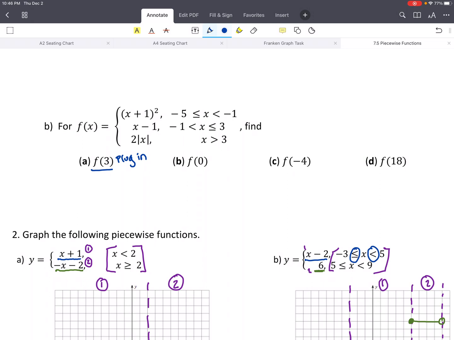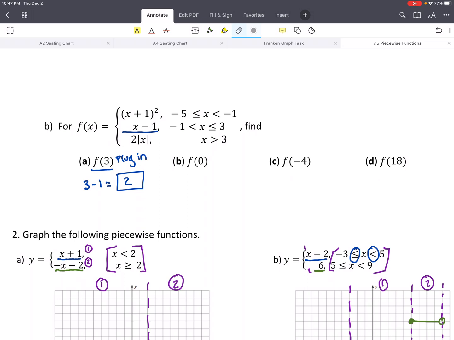So the first one, f of 3, I see 3 show up twice, so how do I know which one it's in? Well, this one is less than or equal to 3, and since this is 3, we're going to plug it into x minus 1. So we get 3 minus 1, which is 2. Whoop-de-doo.